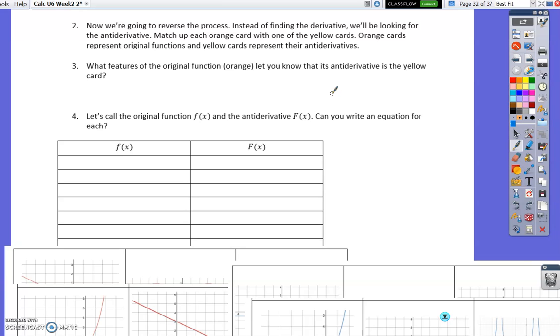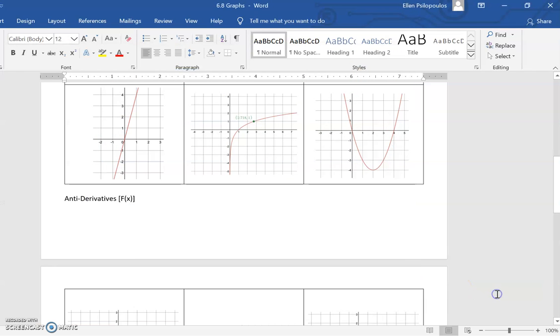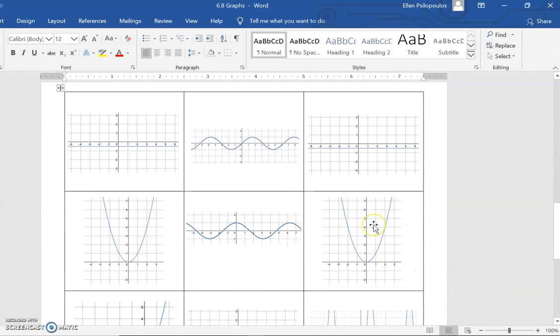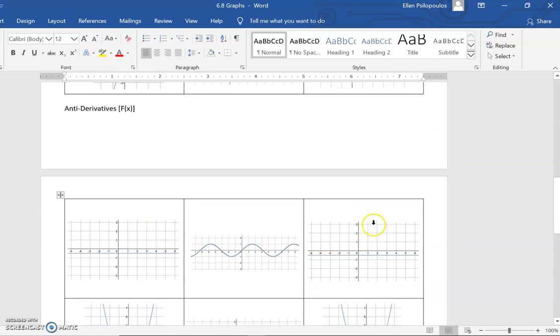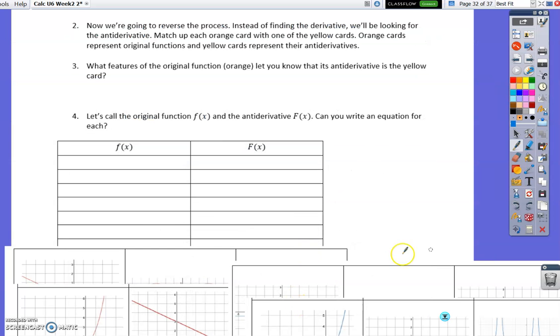So orange is the original, so that would be, I believe, the blue side. Let's look again. The original is the ones that are blue, which you can't tell, but on your second page, the red ones are the derivatives, or antiderivatives.